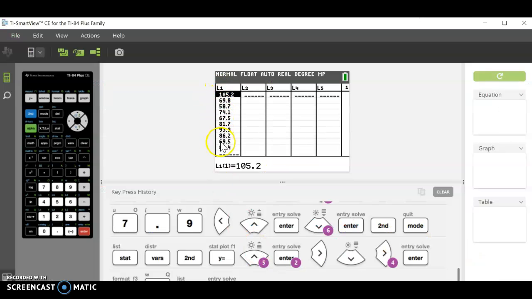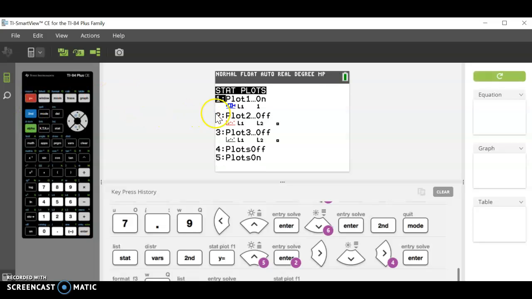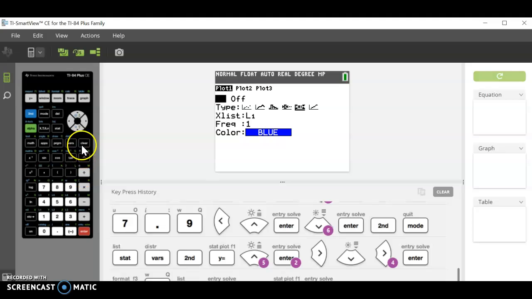So there it is. Then you see up here it says in blue, stat plot above y equals. So I went to second and y equals. And you have to make sure this plot 1 is turned on. So I'm going to click on plot 1, and I've turned it on by highlighting on and typing enter.